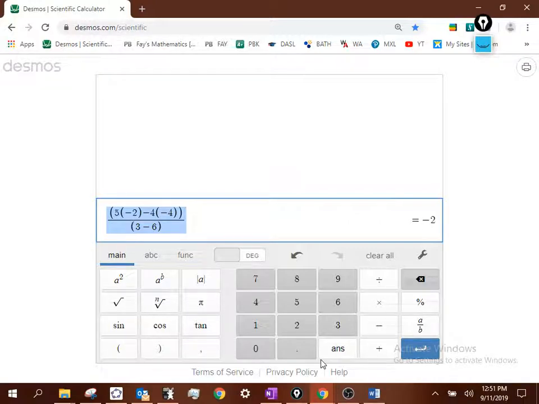Not all calculators are that way. Most of your calculators are not that way. So that's convenient. It tells me exactly that I've typed things in correctly. It's going to do the order of operations the way I would do it by hand, and it gives me negative 2. So that validates my answer.